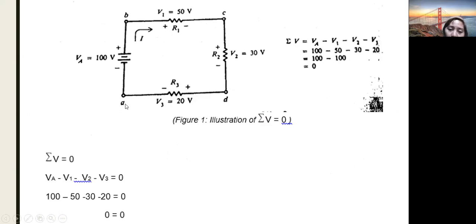If we use the previous direction, moving from A, B, C, D, the voltage applied is positive 100 volts. So the question now is why the first voltage drop, V1, is negative 50.